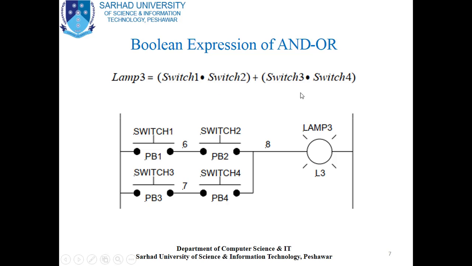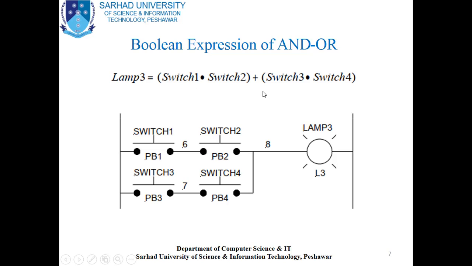So dot means AND gate. Here you can see the plus sign, which means OR form or OR gate. So these switches are connected with switch 3 and switch 4 in the OR form or OR gate.